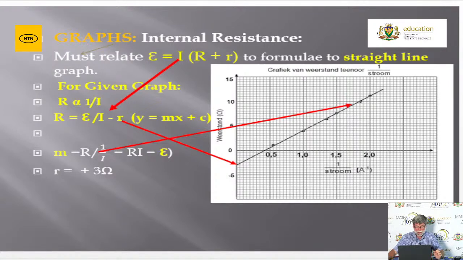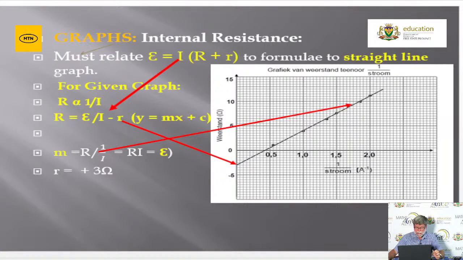So for this given graph, you will agree with me, I can state that R is directly proportional to 1 over I. That is what this straight line graph tells me. Now, if I want to change it into an equation, I must have the value of the gradient added to this formula.